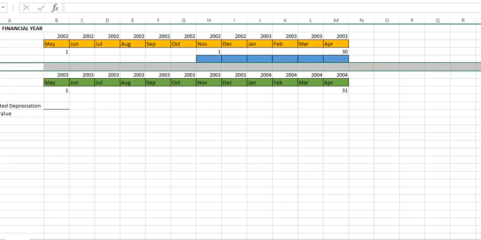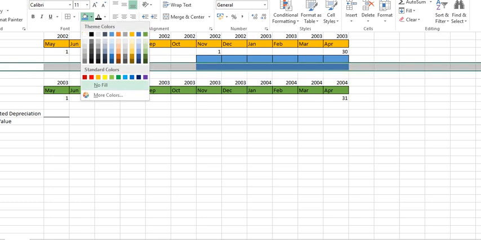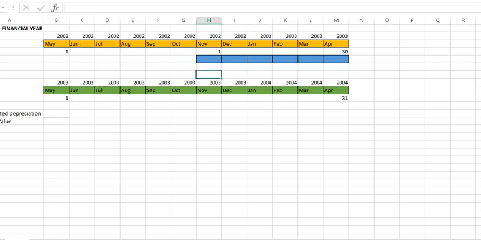Okay, so if we look at our cost price, it was 184,680. This we will have to depreciate at a rate of 33.33% for 6 out of 12 months.